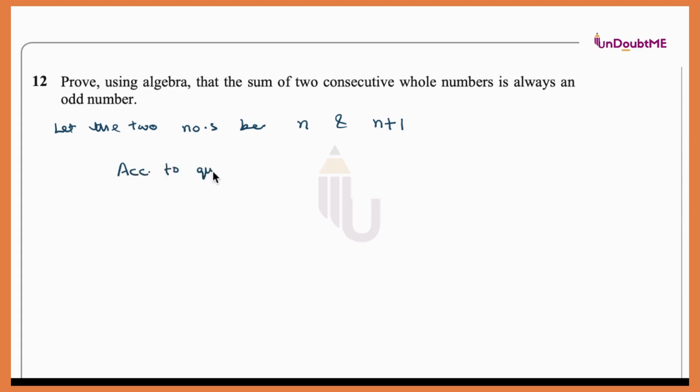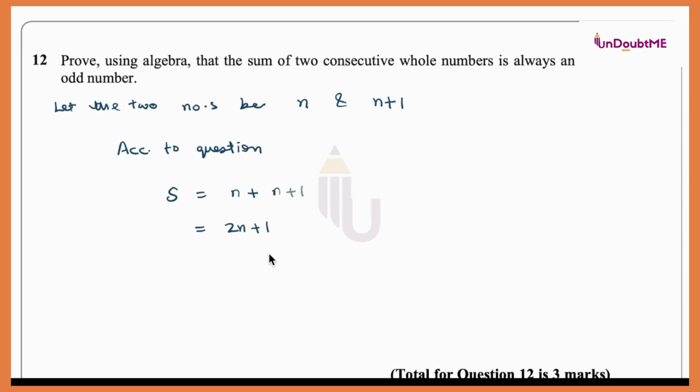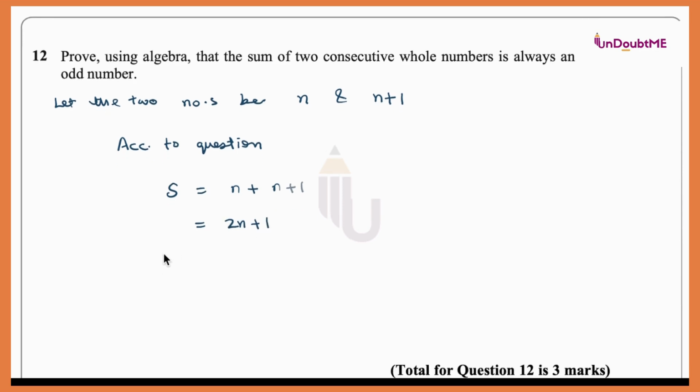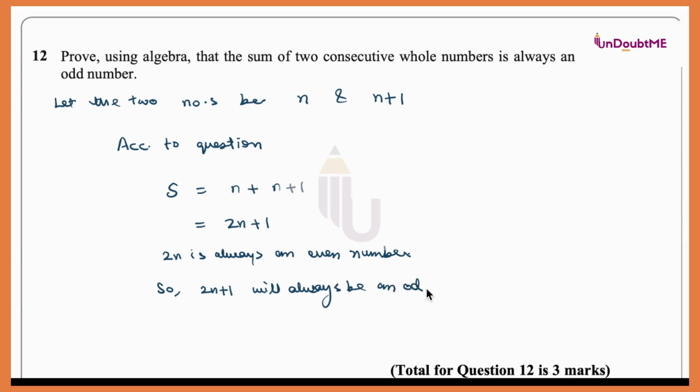According to the question, their sum will be 2n plus 1. Now you have to identify that 2n is always an even number. So 2n plus 1 will always be an odd number, hence proved.